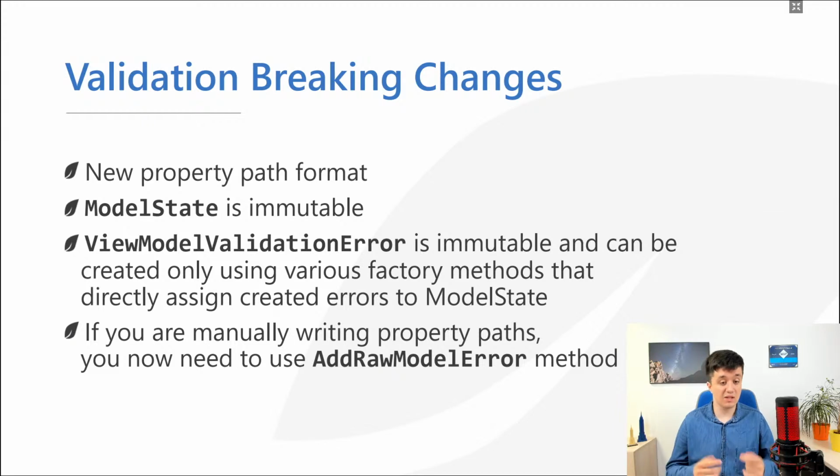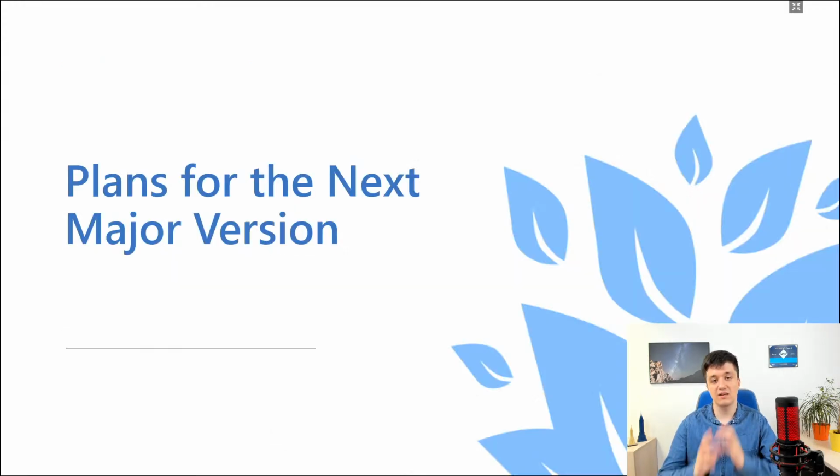So that's basically it for validation improvements and the validation breaking changes. And right now I would like to briefly outline what is coming next when it comes to validation in future versions. Some of it might come in 4.x or even 5, I mean the next major version.